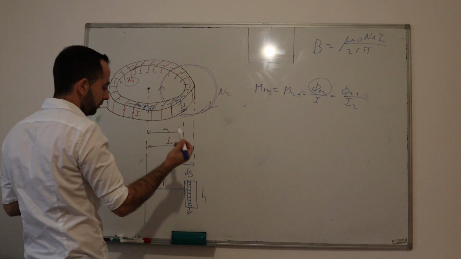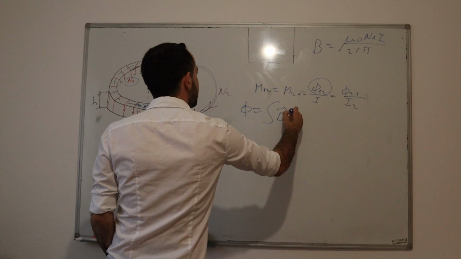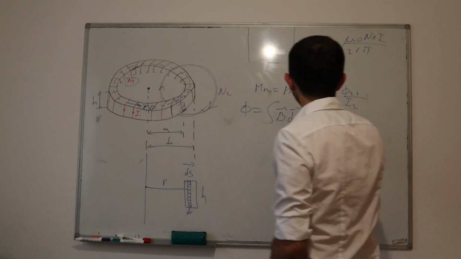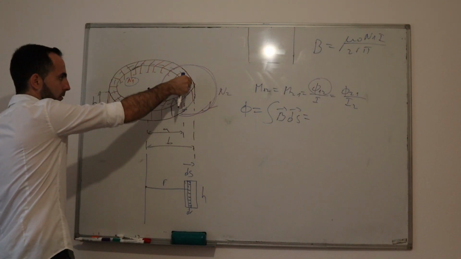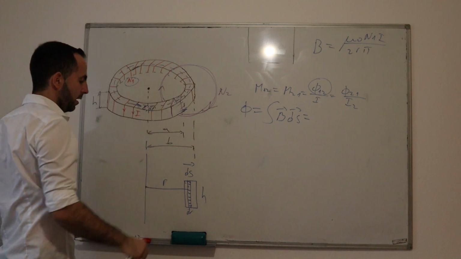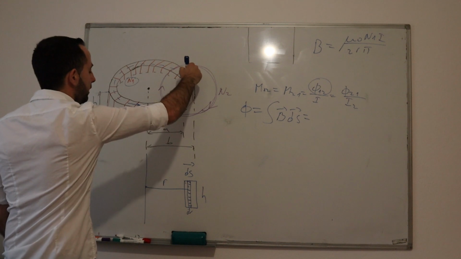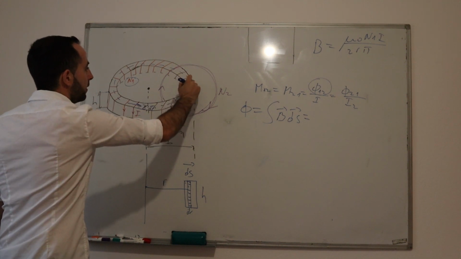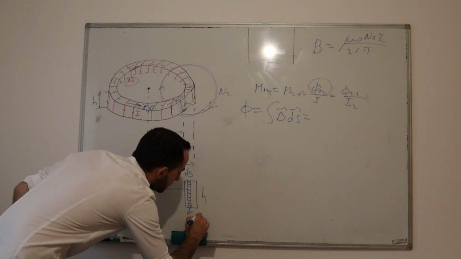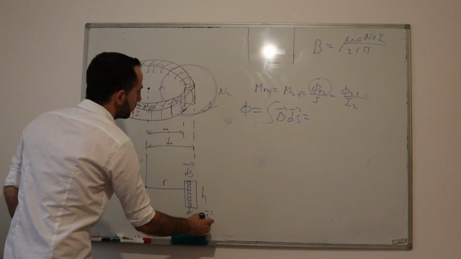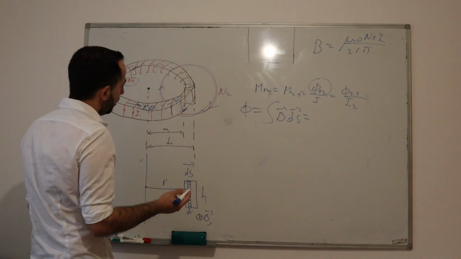So the flux is the integral of B dS, where we need the angle between B and dS. We have taken this surface, this area. What is the direction of B? Because B goes here, inside, we will analyze this part. At this part it will go from you towards the table. So this is the direction of B. But what is the direction of the normal vector?